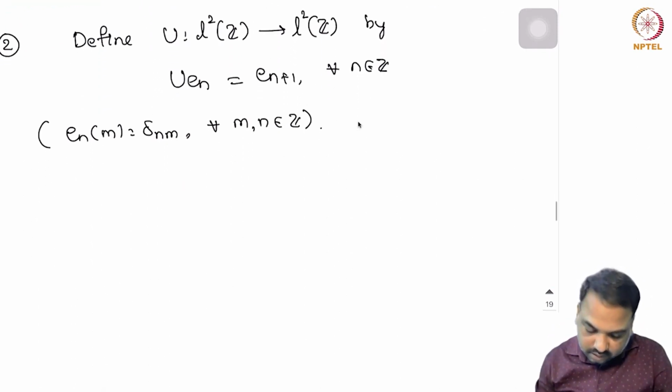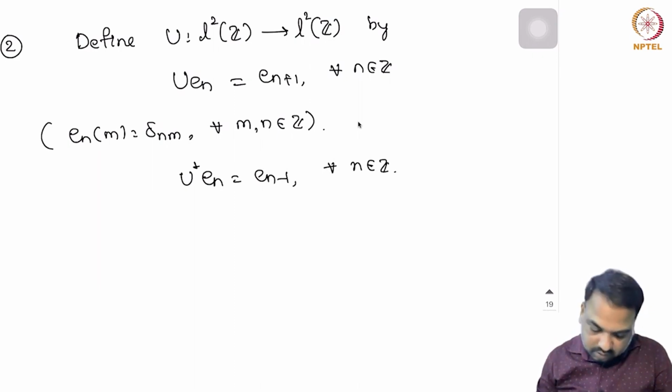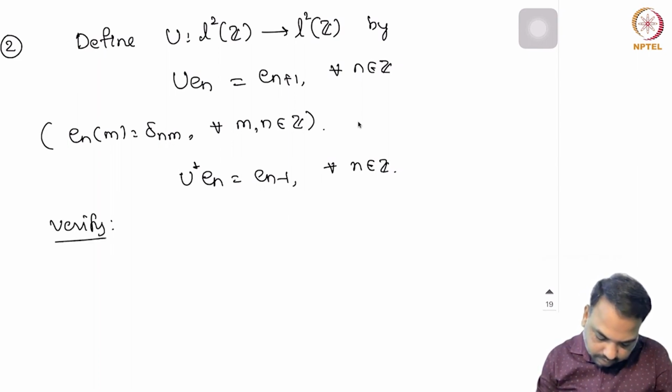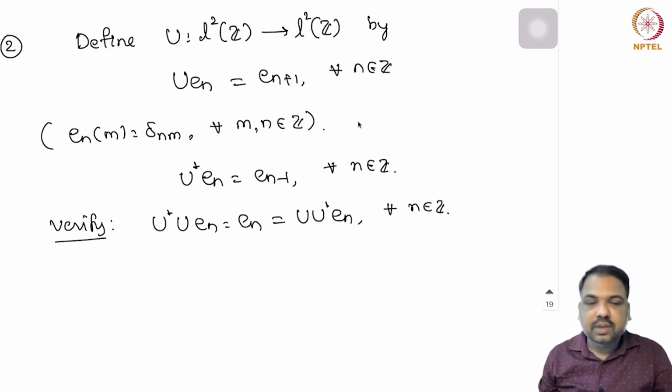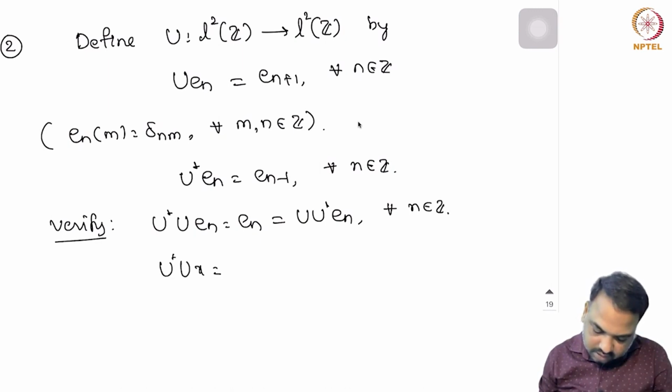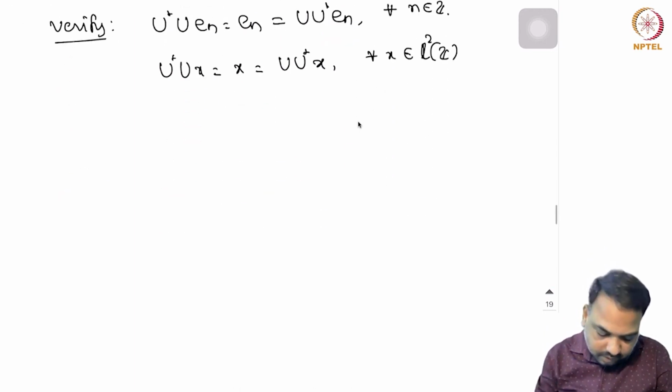Okay, we have already seen that in this case U star of En is En minus 1 for all n in Z. We can verify that U star U En is En, and that is equal to U U star En for every n in Z. Not only that, we can even verify that U star Ux is x, that is equal to U U star x for every x in L2 of Z. So we can conclude that U is a unitary operator.